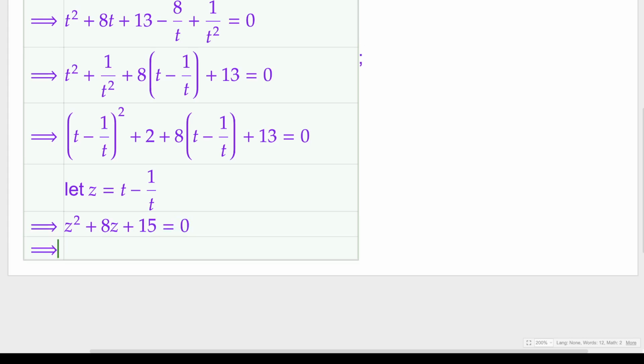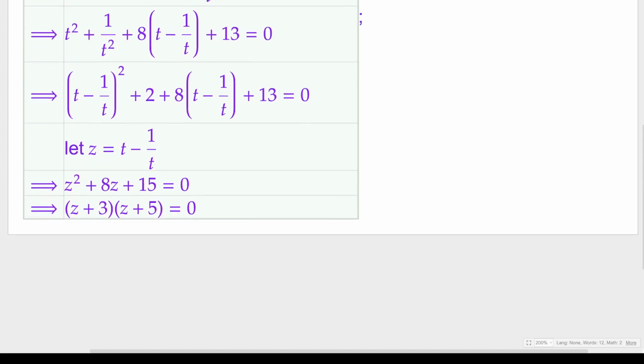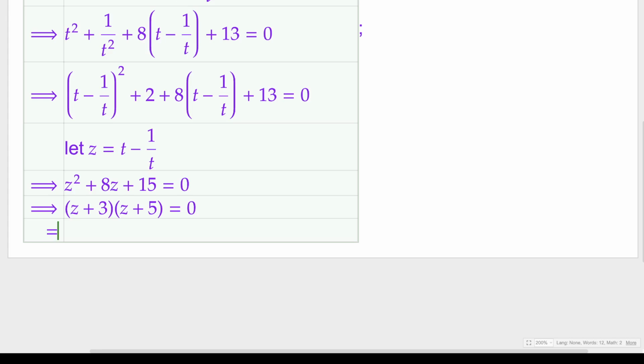On factorizing, this turns out to be z plus 3 times z plus 5 equal to 0. So clearly z can take the values negative 3 and negative 5.